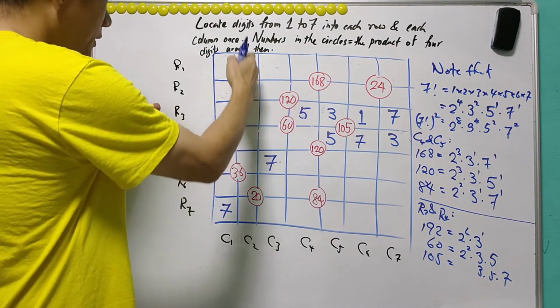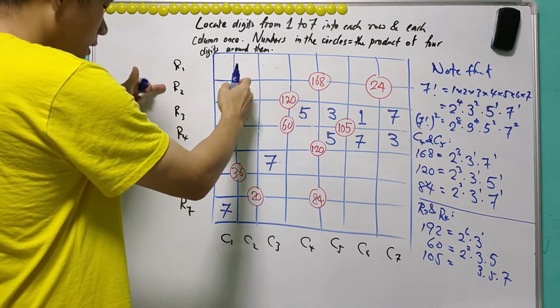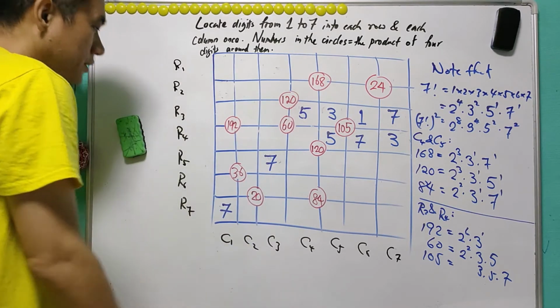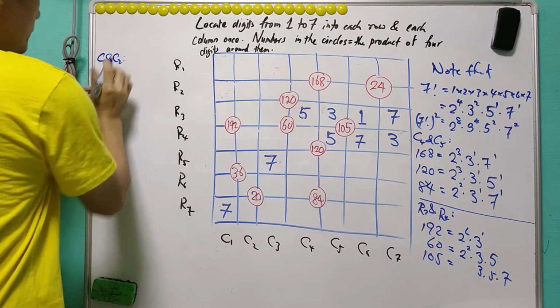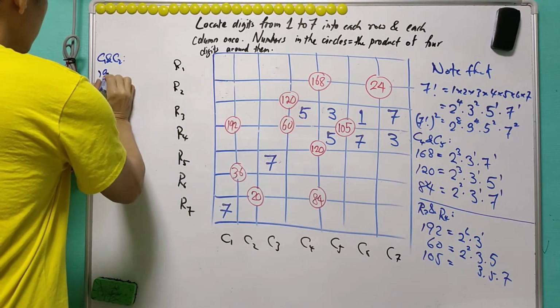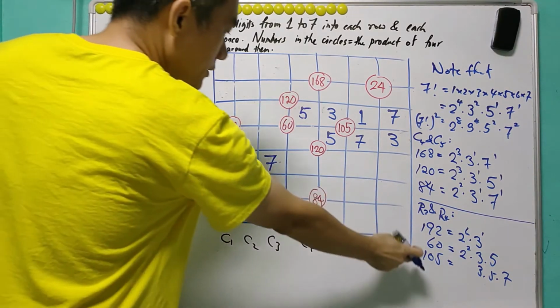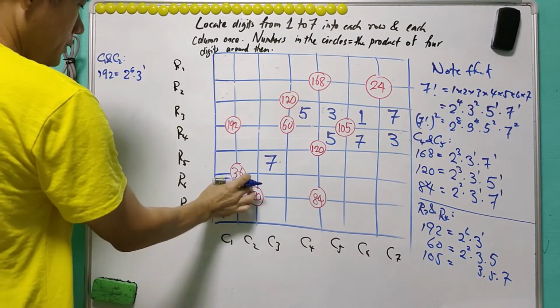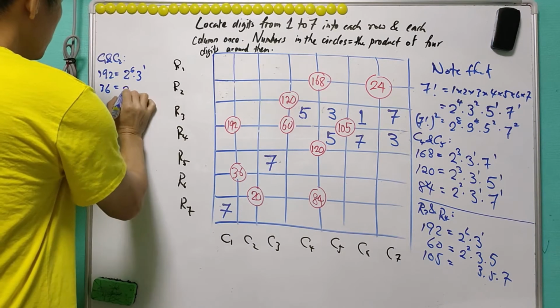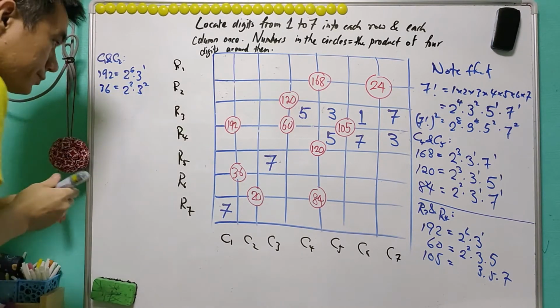There should be a 7 in either R1 or R2 when we consider C2. We look at C1 and C2. 192 we already considered is equal to 2, 6 and 3, 1. 36 is equal to 2, 2, 3, 2.